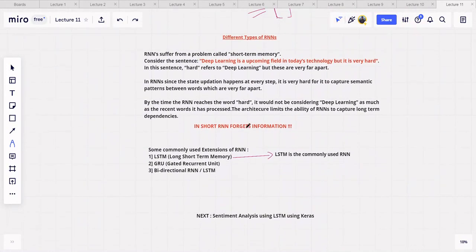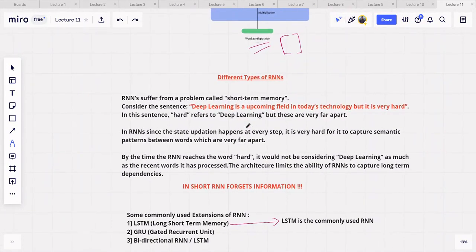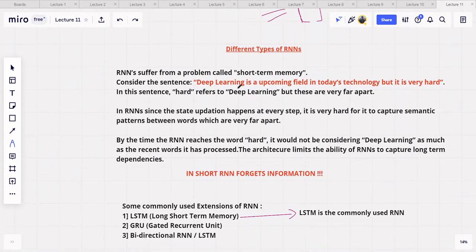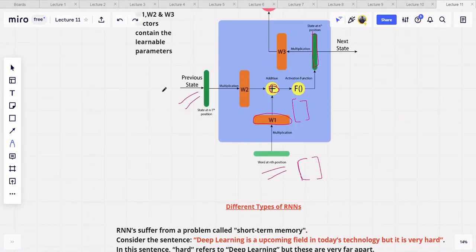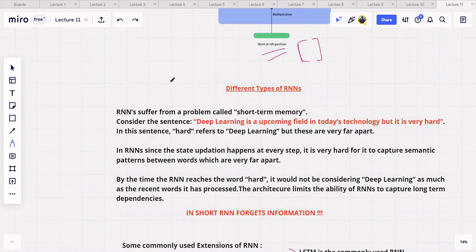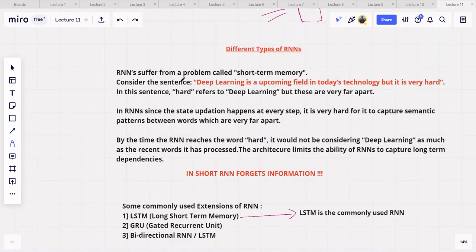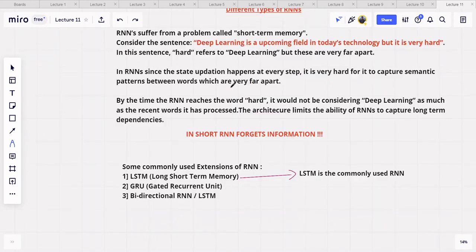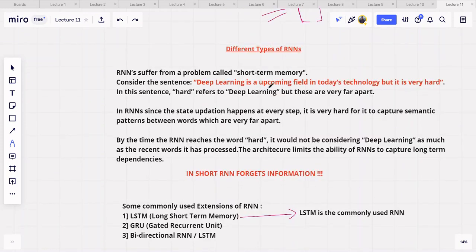Now there are different types of recurrent neural networks. Even though the main reason recurrent neural networks were built was for maintaining sequential data, they are still not that great at handling it. Therefore, they suffer from a problem called short-term memory.